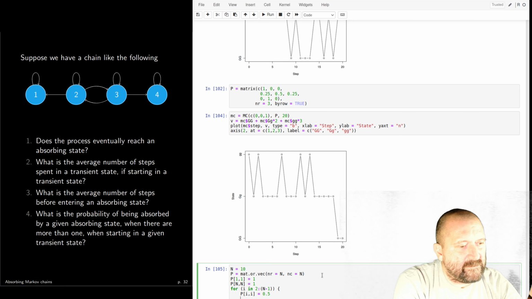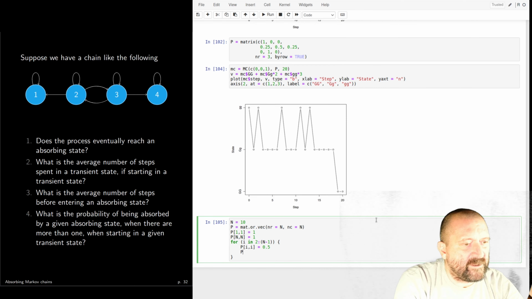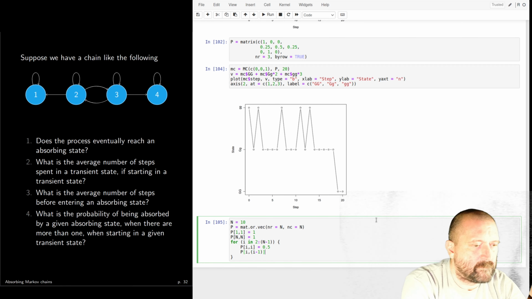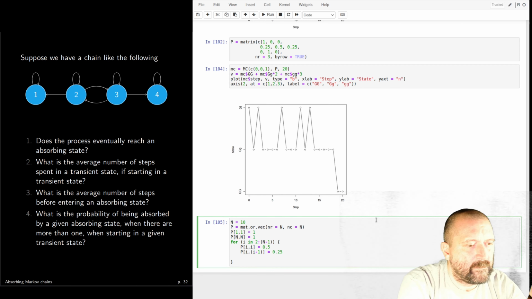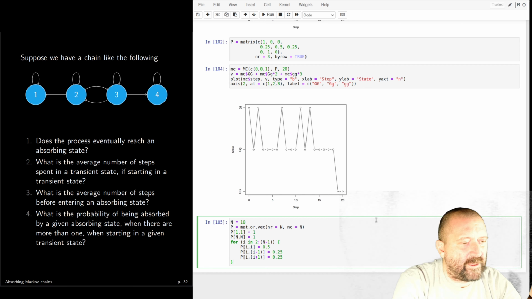The probability of going from i to i minus 1 is a fourth, and the probability of going from i to i plus 1, I'm not sure this is going to work, once again we'll need to check this, is 0.25. And just let's look at P.